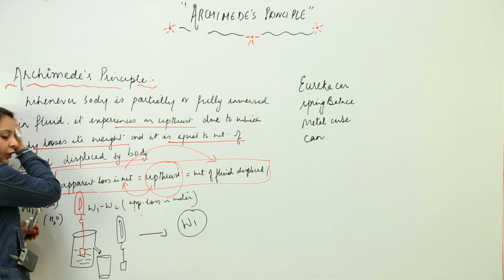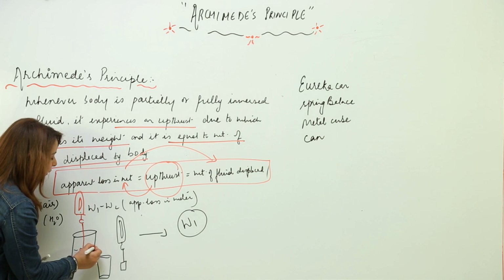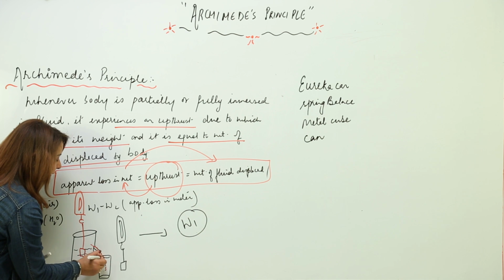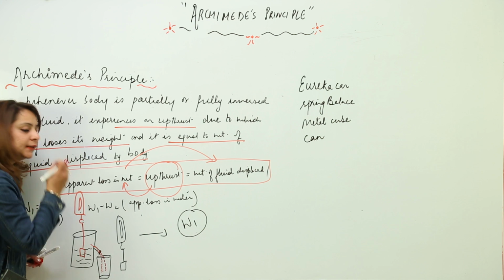As the metal block moves down, some of the water moves out and is collected in this can.